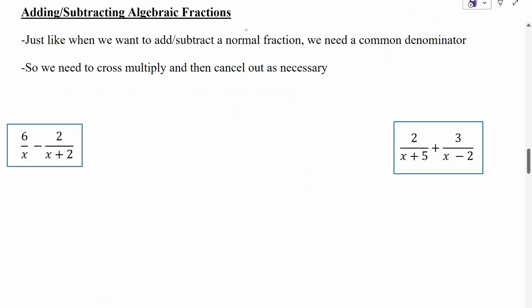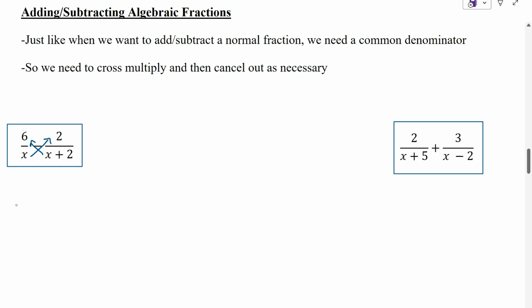Adding and subtracting algebraic fractions. So again, just like we would add or subtract a normal fraction, we need a common denominator. So if we get a question like this, what we need to do is cross multiply to try and find a common denominator.